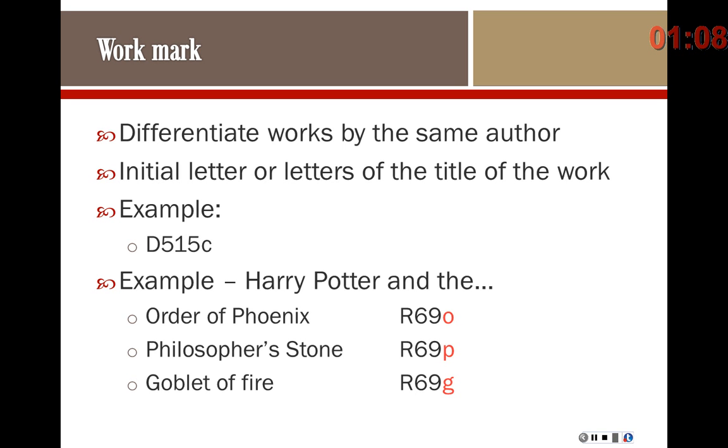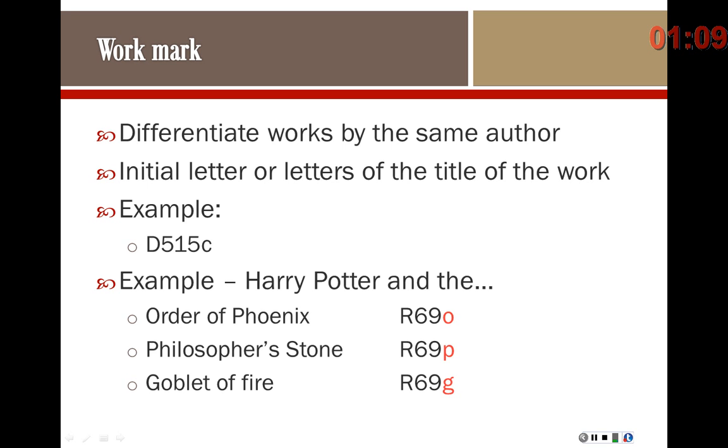So if we were doing Rowling, R69 is her cutter, and we want to differentiate these. If we just went with Harry Potter, we'd have HHH. Not helpful if somebody was trying to find the Philosopher's Stone.